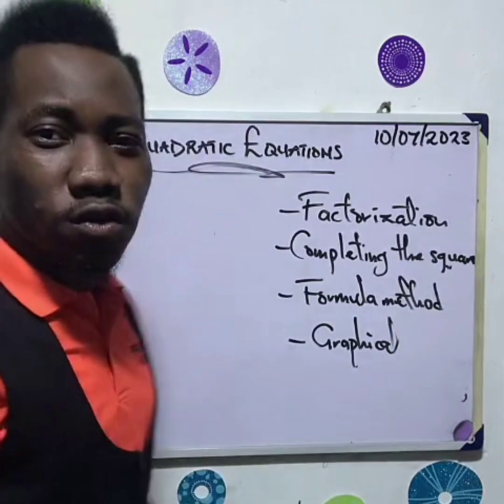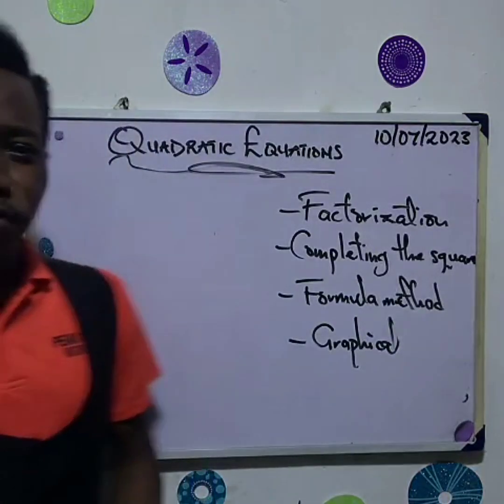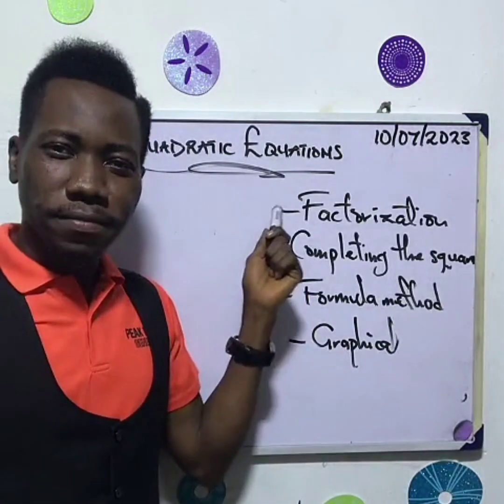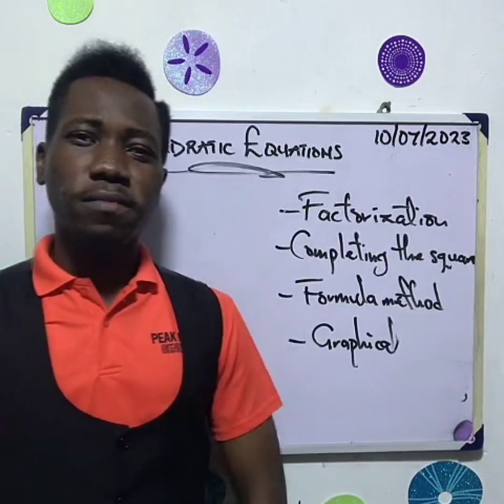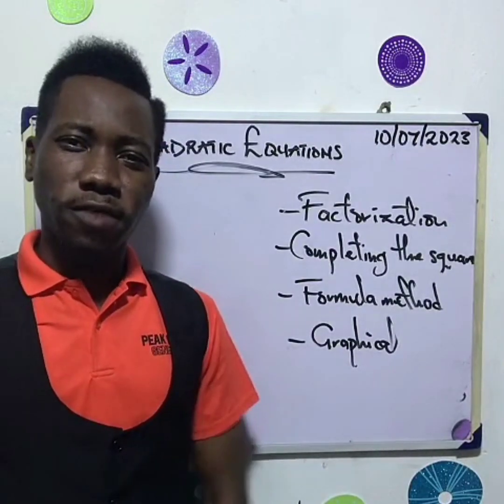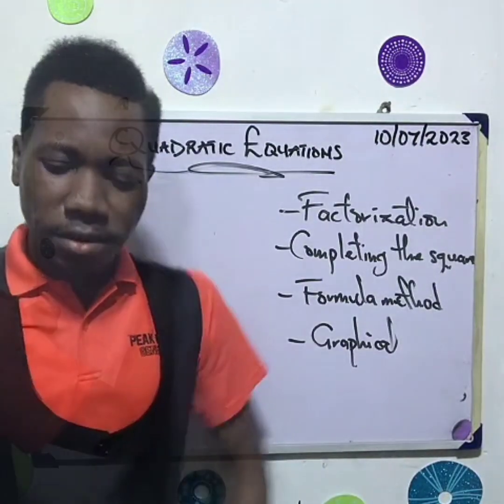So 4 methods to solving quadratic equations. But for today we are going to be looking at the first one, the factorization method of solving quadratic equations. Are we ready?